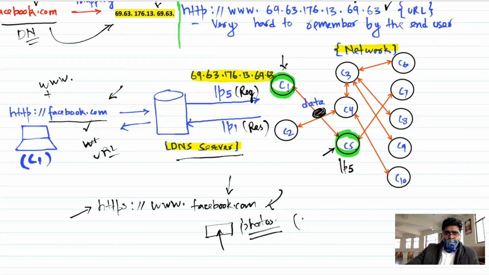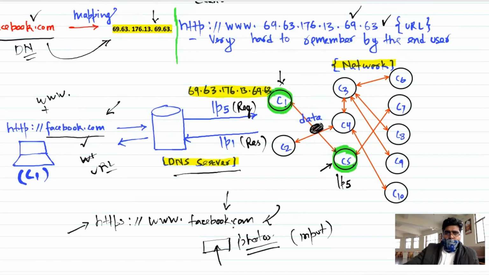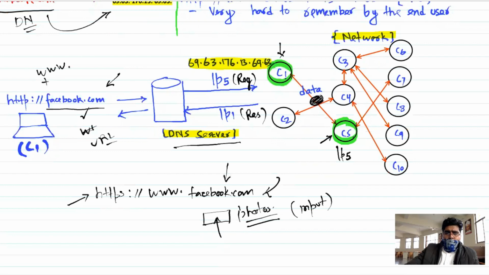This input will be sent as a request to the server, right? So as a request, you will have the URL, or your login credentials, and the necessary action in the form of input as a request to the server.